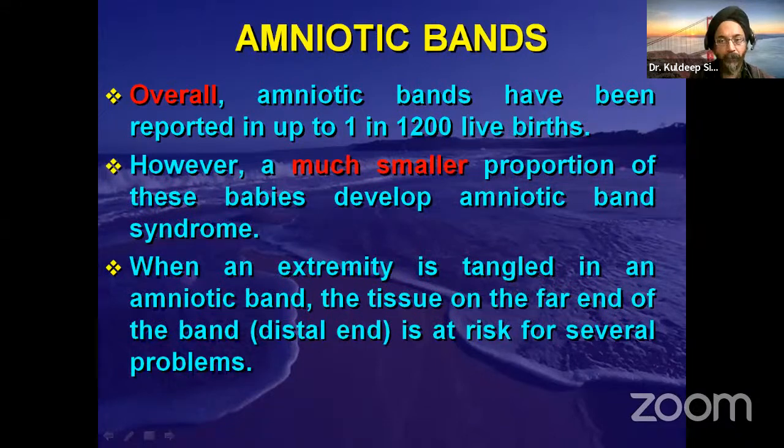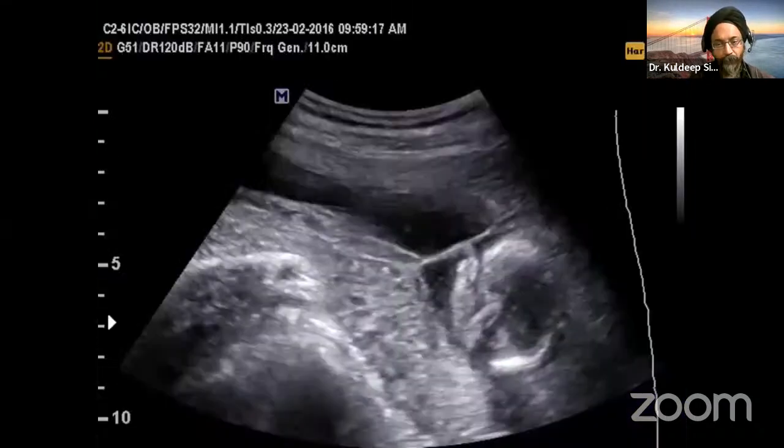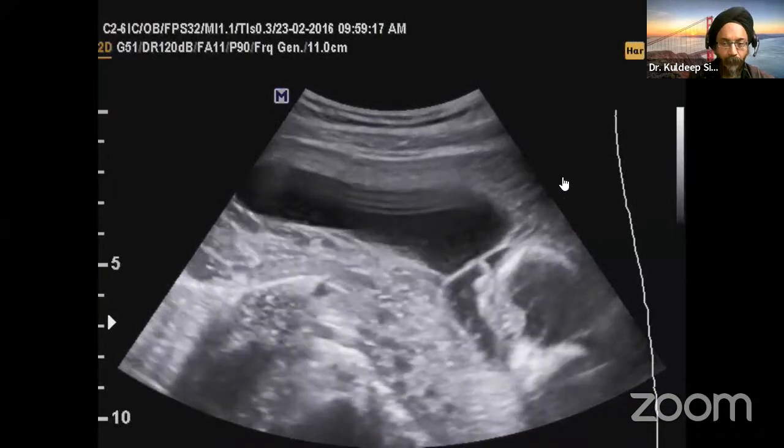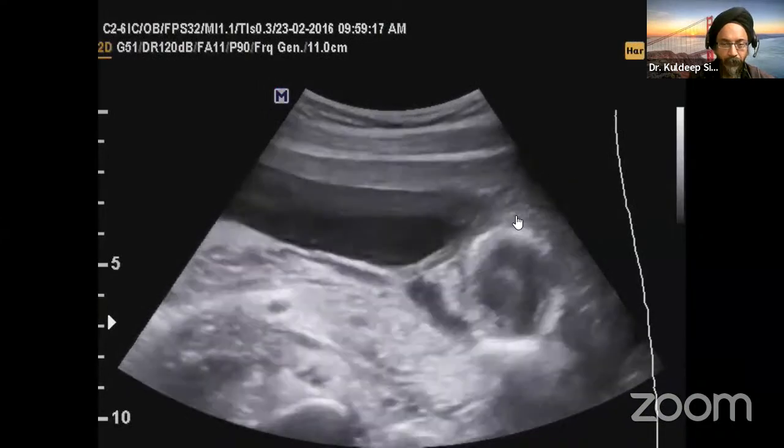If you're looking at amniotic bands, they're seen in 1 in 1200 live births. They usually just break away and you're not worried about them. But whenever you see it, be careful of mentioning it in your report and looking for any amputation defects.